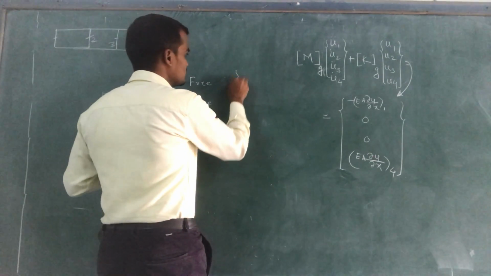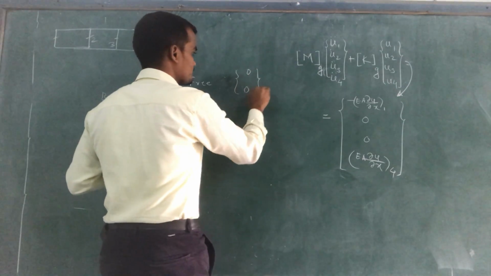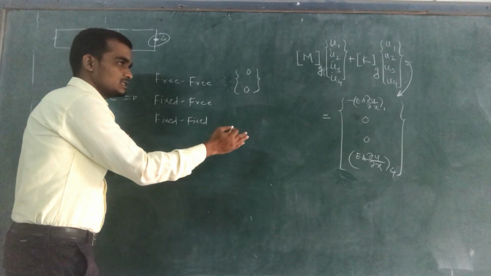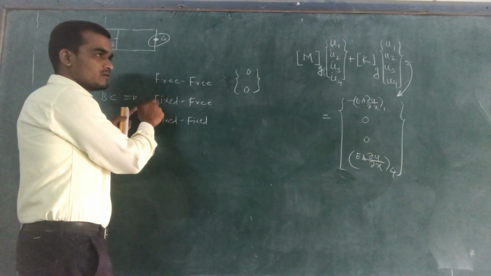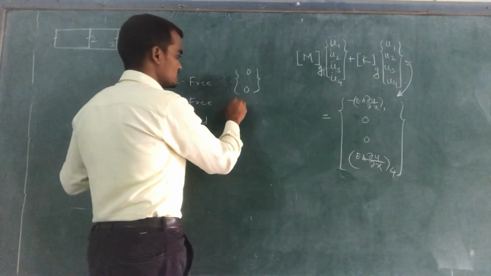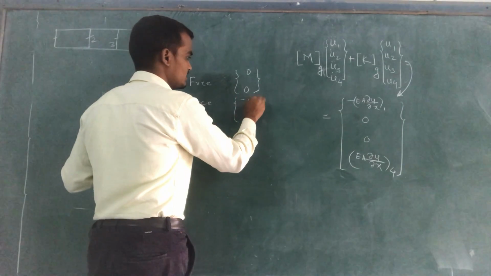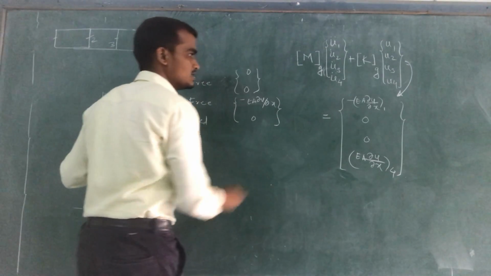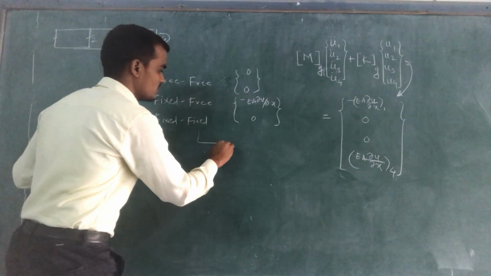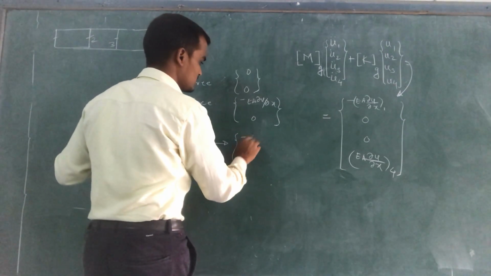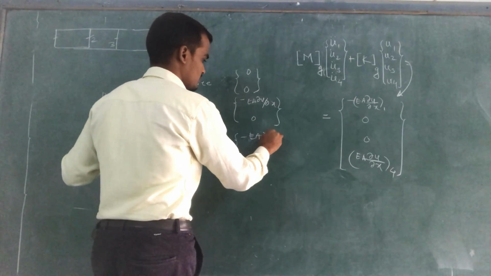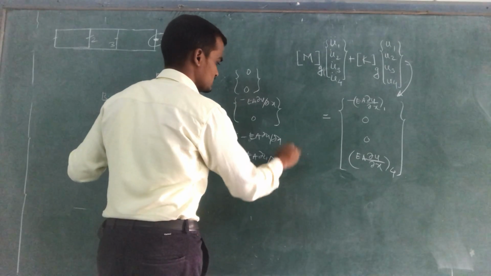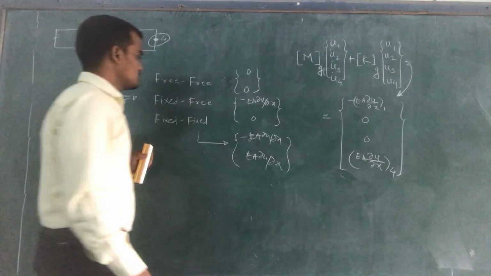So for free boundary condition, this will become 0, 0. For the fixed and free case, for the free condition this will become 0, and for the fixed condition there will be some value. So this will become minus EA dou u by dou x, and the next one is equal to 0. And for fixed, both values should be there, minus EA dou u by dou x and EA dou u by dou x.